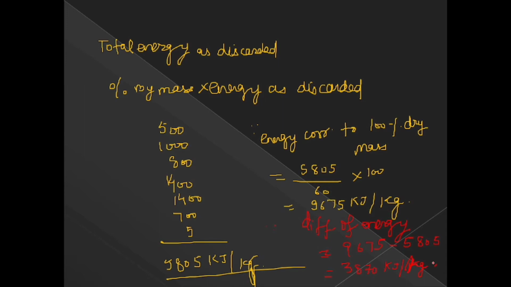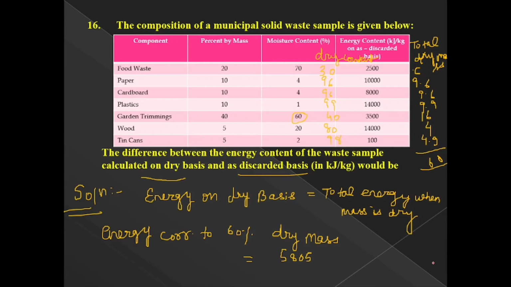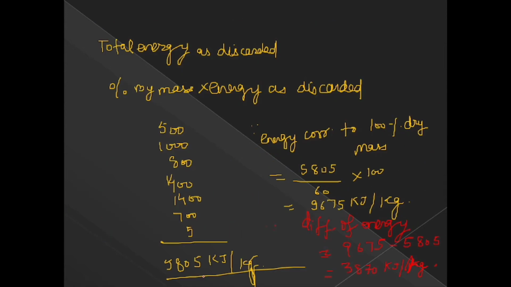Okay. So my students, in this problem percentage by mass was given, and moisture content was given. We calculated the dry content by reducing the moisture content from 100. Energy content in the discarded state is given. So total dry mass is calculated as dry content multiplied by the percentage by mass divided by 100. This is 60. So corresponding to 60% dry mass, we calculated the total energy as 5805 kilojoule per kilogram.